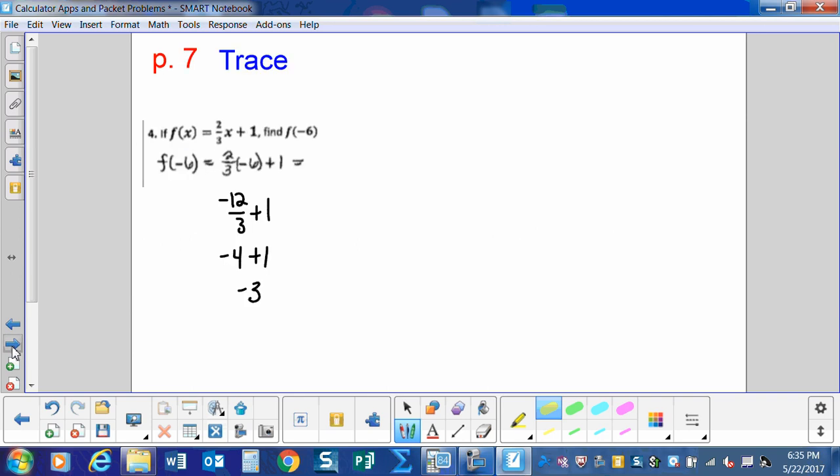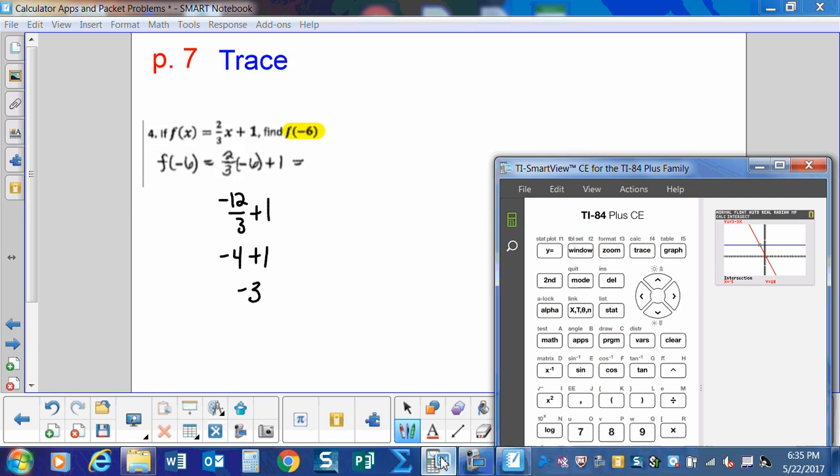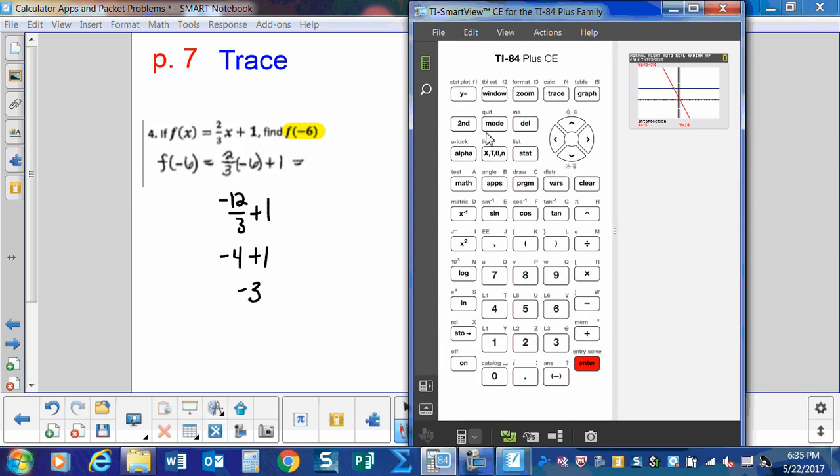All right, so now we're going to use the trace key on page 7. We have a function to evaluate. We want to know f of -6, so we're just going to go into y equals and type the function.